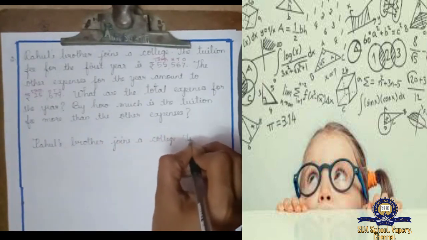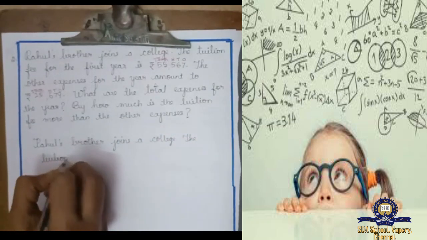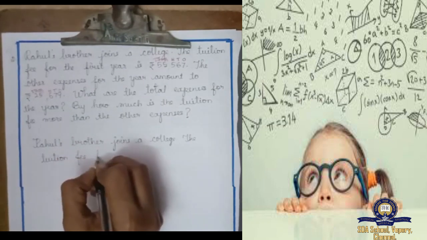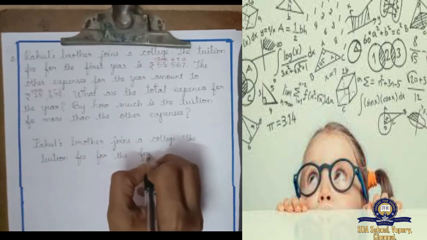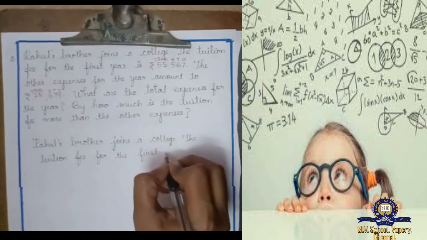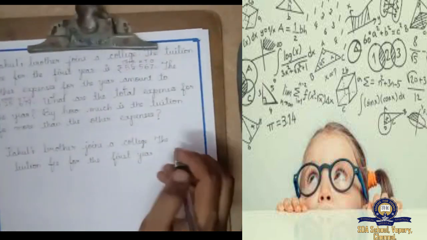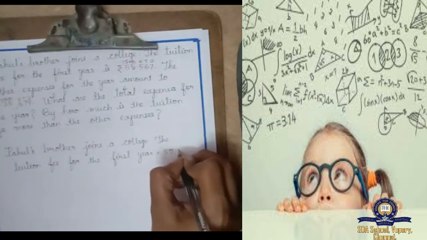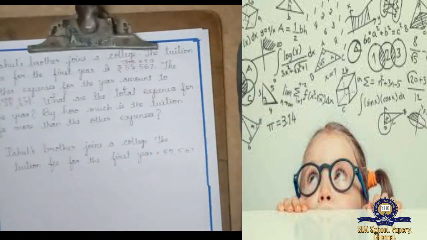Okay, the tuition fee for the first year is equals to what amount? 55,567.